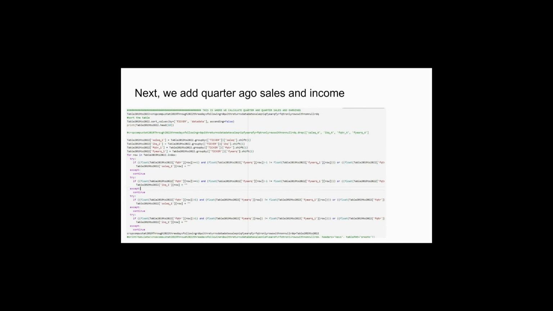And you can see this error checking is basically saying that if the fiscal quarter here equals 1, and the fiscal year is 1 quarter ago, then this is the case where we're talking about the first quarter of the year. So then the quarter ago sales would actually be the year behind.